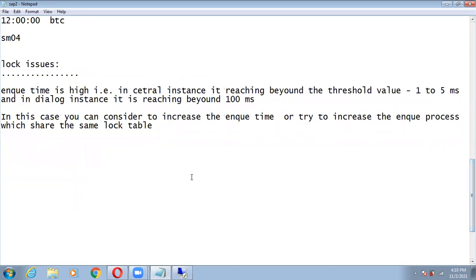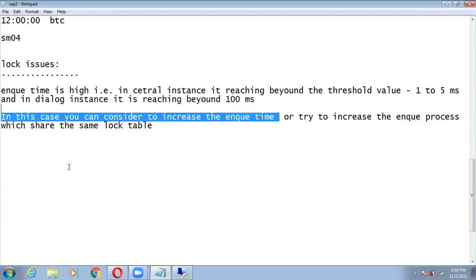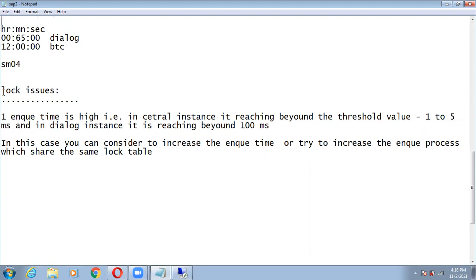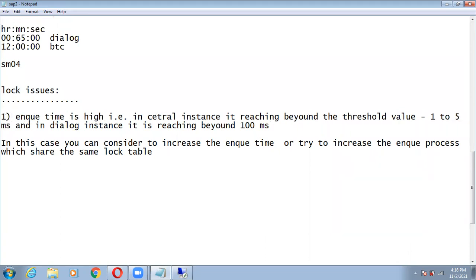So when the NQ time is beyond the 1 to 5 millisecond threshold in the central instance and in the dialog instance, you need to increase the NQ time and the NQ process for the table which shares the same lock. This is one of the issues which users majorly acknowledge.